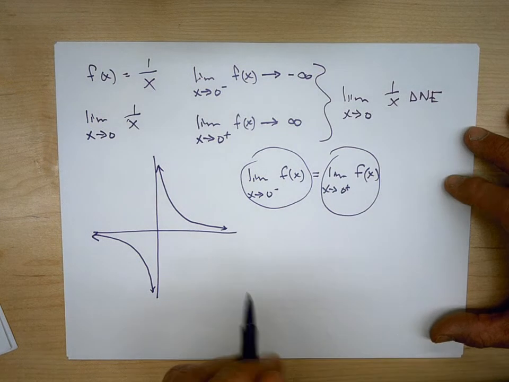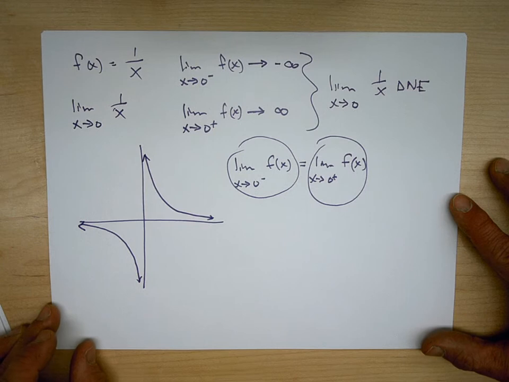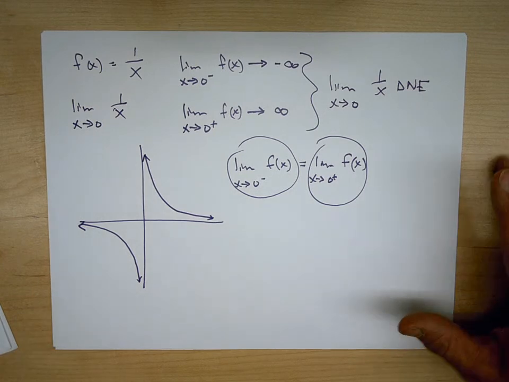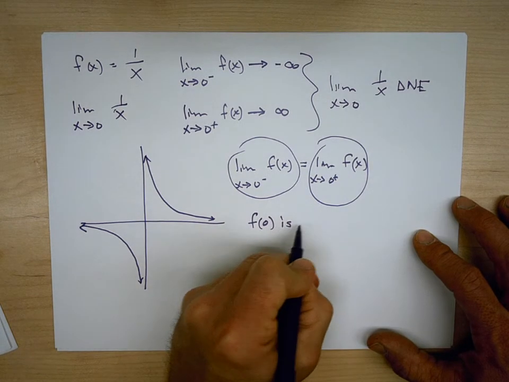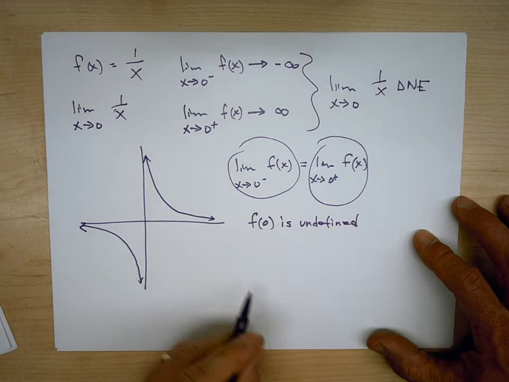All right, now one thing that's important here, I want to disabuse you right away of the notion that this is because f of 0 is undefined. That has nothing to do with this.